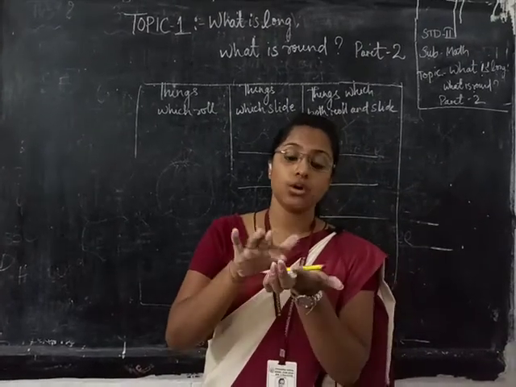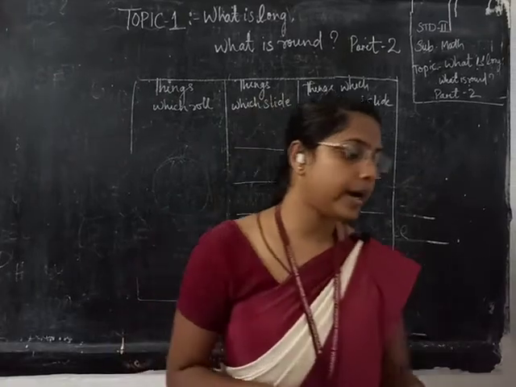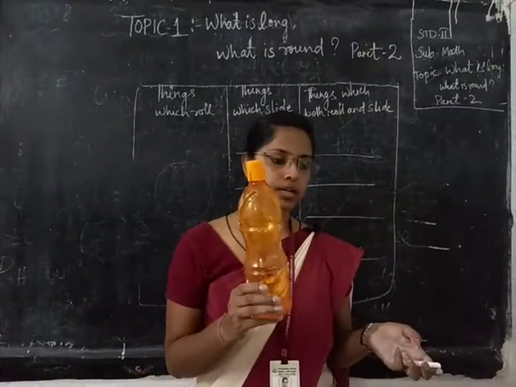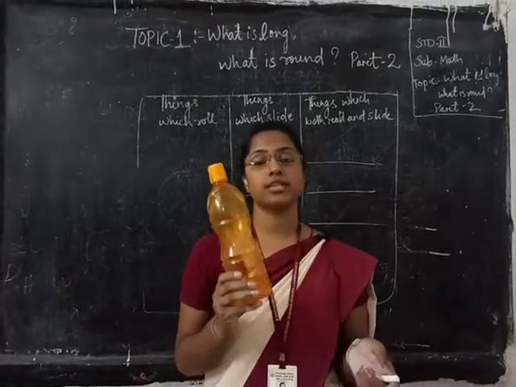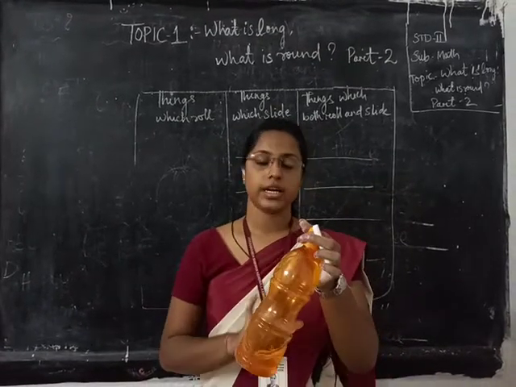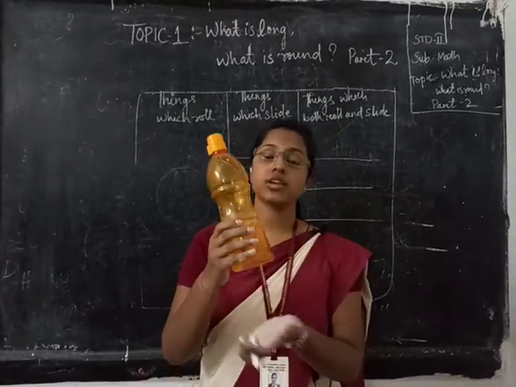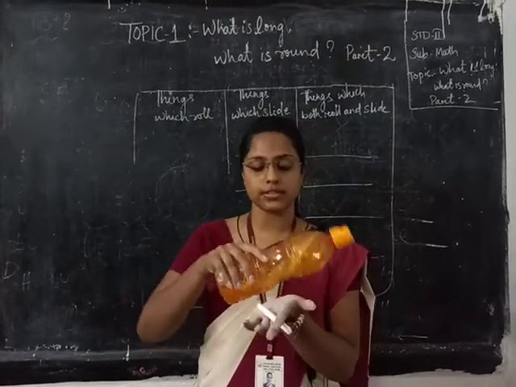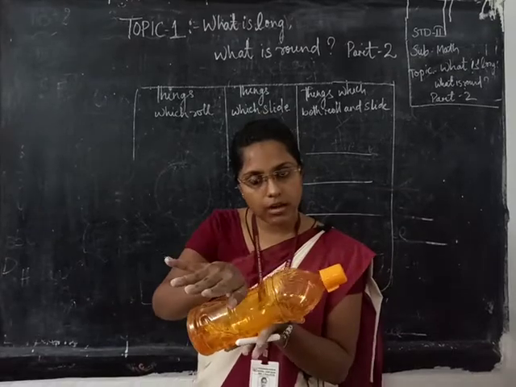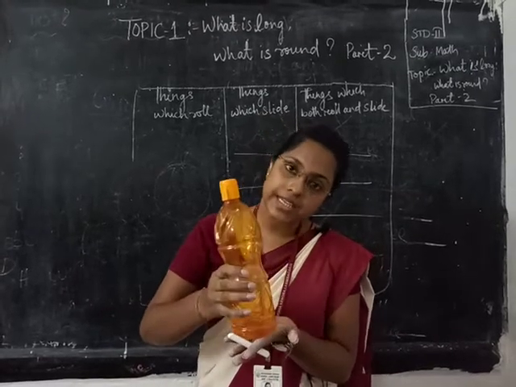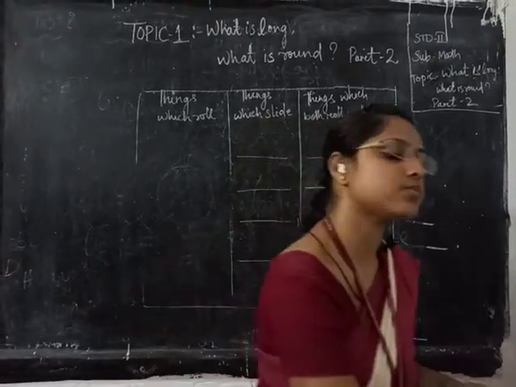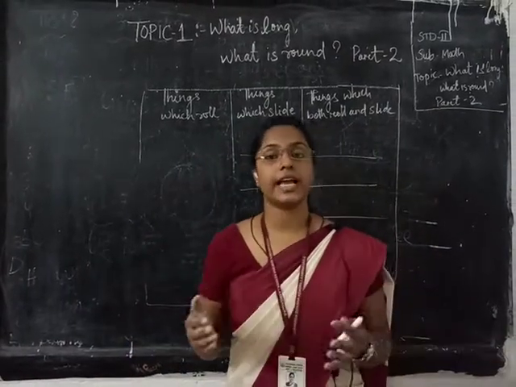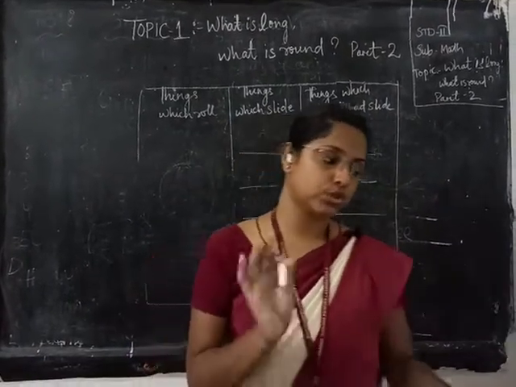But this water bottle is long and also round, and it also has a flat surface at the bottom, so this bottle will roll down and also slide down. So there are many objects which can do both rolling and sliding.